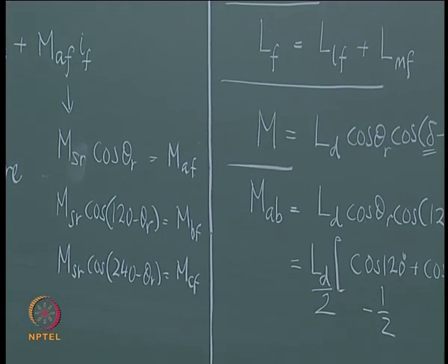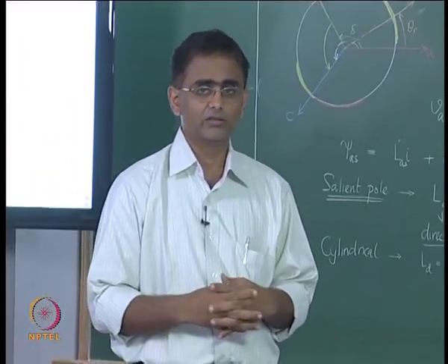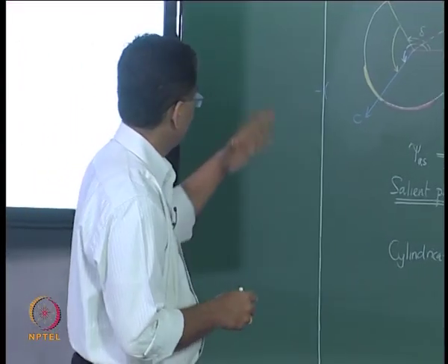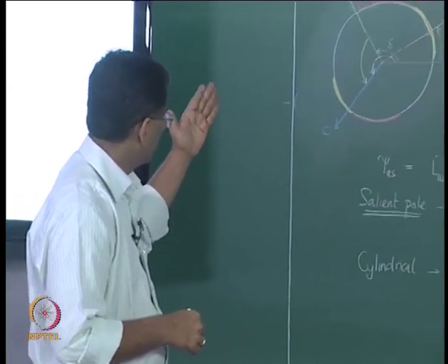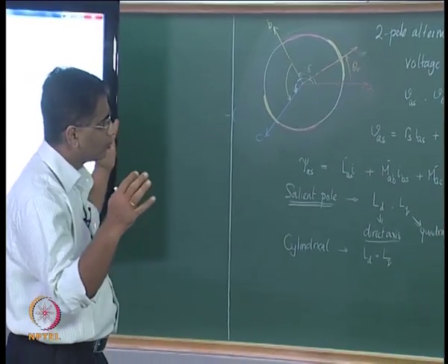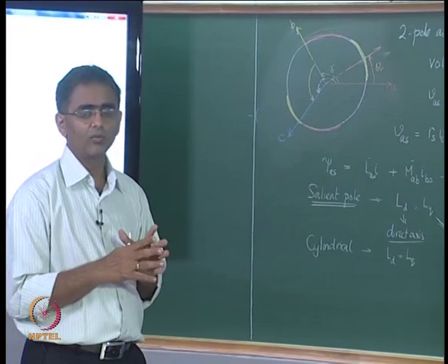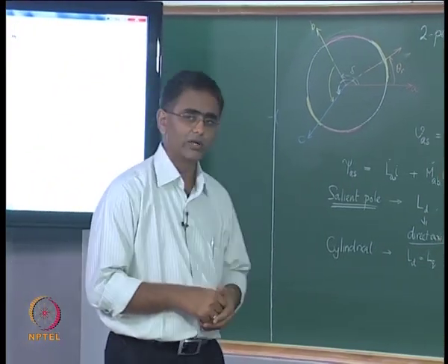So, with this then we have derived all the expressions for inductances between the stator phases and between the rotor and the stator as well. So, we now have to put all of them together and formulate the voltage equations of the machine, which we will do in the next lecture.